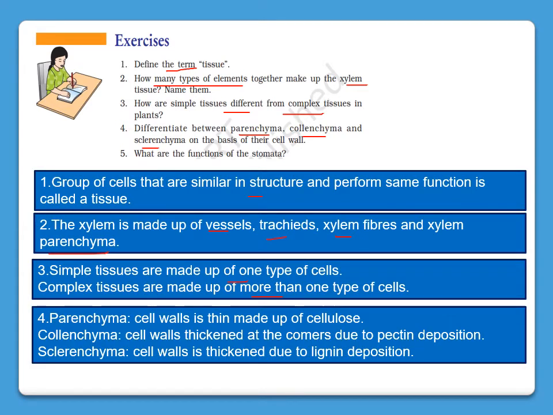Parenchyma has a thin cell wall that is made up of cellulose. Collenchyma's cell wall is thickened at the corners. And why is it thickened? It is thickened due to the deposition of a special substance known as pectin. The cell wall of sclerenchyma is thickened due to the deposition of another special substance known as lignin.